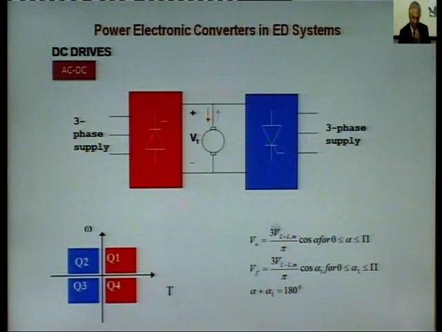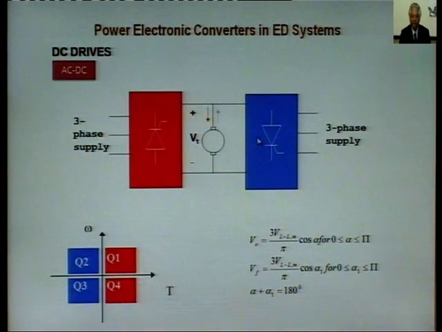So, these are some of the equations which you can work out mathematically, and the important part of it is that you have quadrant 1 control, quadrant 2 control, quadrant 3 control, quadrant 4 control, omega versus T. You can always have this type of controllers, which are very useful for industries. One thing I would like to mention: if you are using a thyristor bridge, this is a thyristor bridge, this is also a thyristor bridge, but this is used in rectifier mode and this is used in inverter mode.